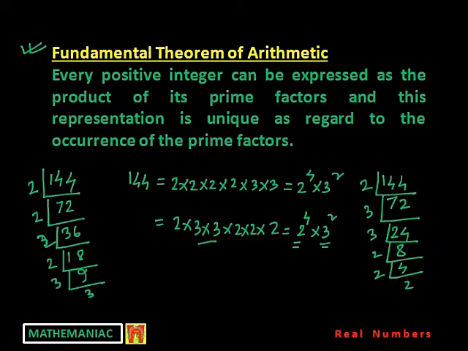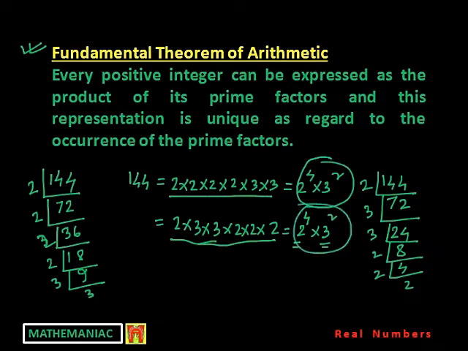That's the meaning of this second line. It is immaterial whether you divide like this or like this. Ultimately, your representation will be the same, right? That is unique. So that's what they are saying.